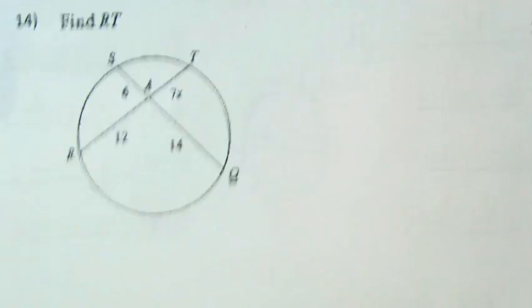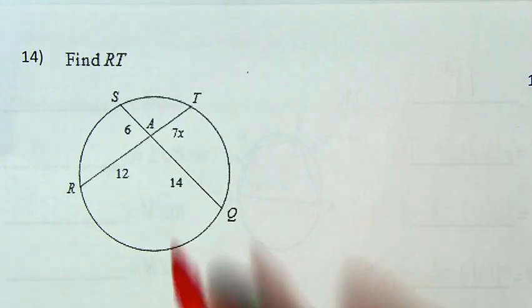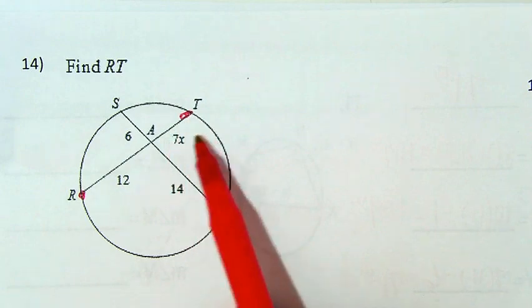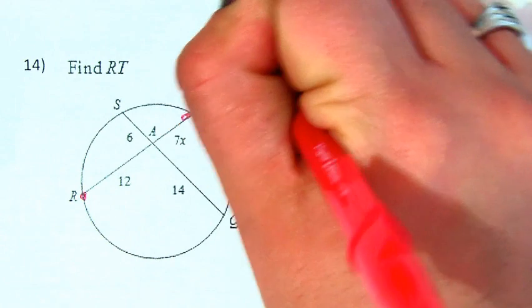Okay, so this next one, 14, find RT. RT is a chord, and it looks like we have all the pieces for all the chords. We're going to want to use chord-chord product theorem on this one.